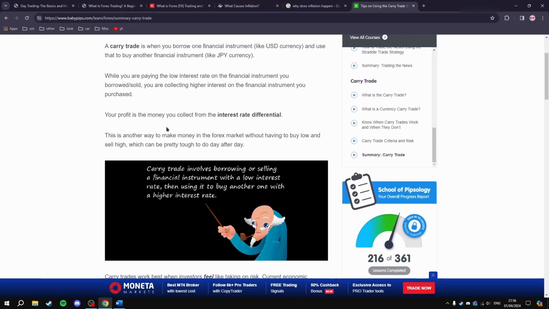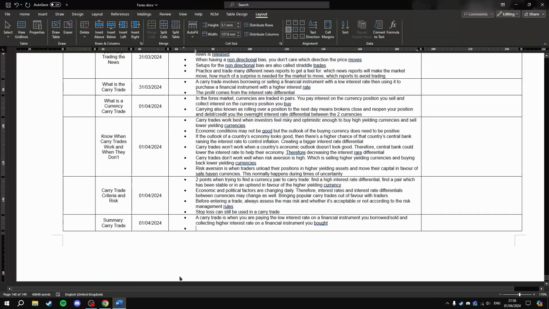Your profit is the money you collected from the interest rate differential.